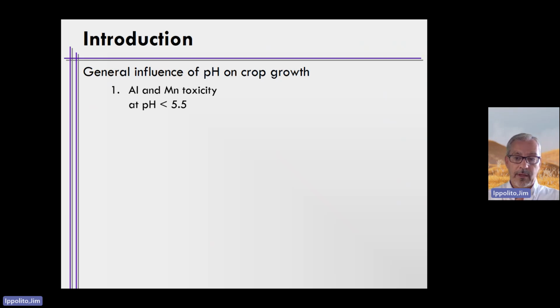Eventually what you see are shortened, stunted roots that look dark brown in color. They sometimes are called a club foot or club root. Subsequently, you notice that the above ground growth suffers because of the toxicity.